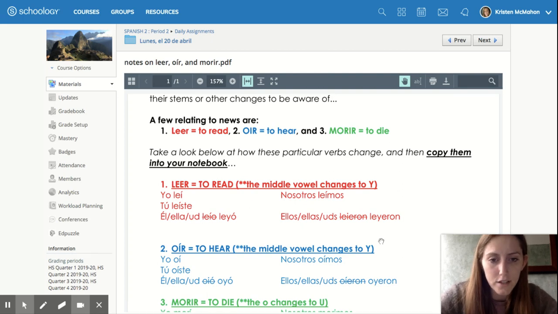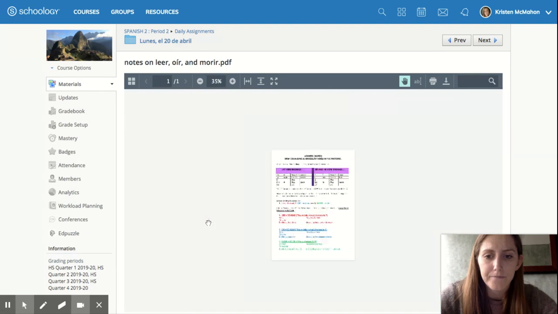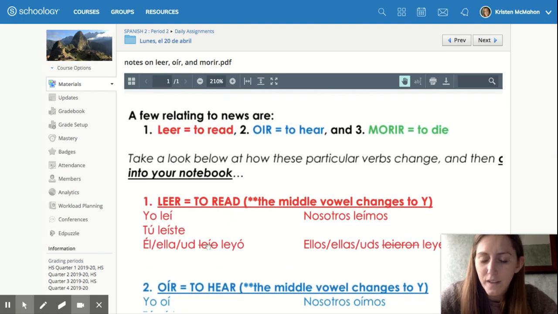If you notice here, in the usted and ustedes forms, all it is, is the I changes to a Y. If I was to conjugate it regularly, it would be L-E-I-O. That is a ding, ding, ding moment, because in Spanish there are never 3 vowels next to each other, ever. And a lot of people say, oh, well, Y is a vowel. Not in Spanish. Anytime there are 3 vowels in a row, all you do is change that I to a Y. So that's why it's leyó.